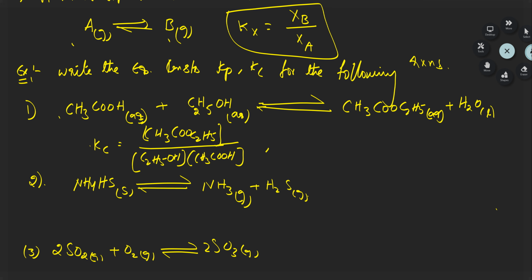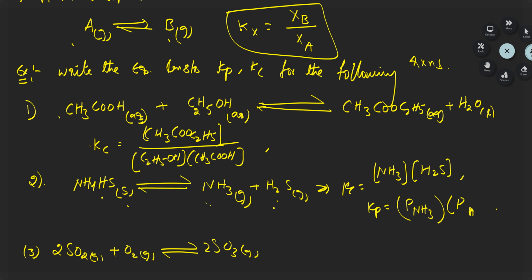Then the second reaction, Kc is equal to NH3 concentration into H2S concentration, divided by NH4HS, which is a solid, so we cannot write it. If you write it, the value is 1. Then Kp is equal to, these two are gases, pressure of NH3 into pressure of H2S.